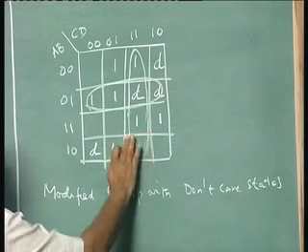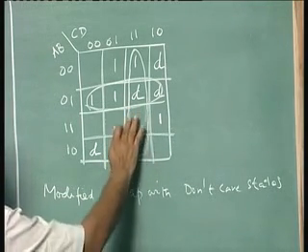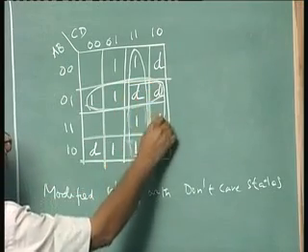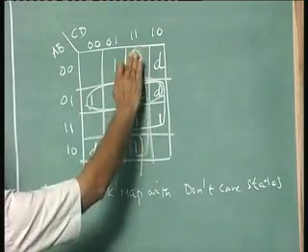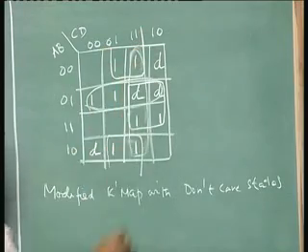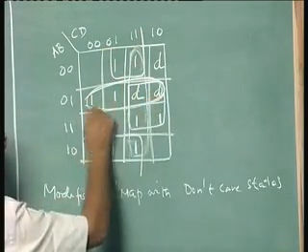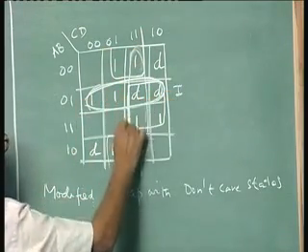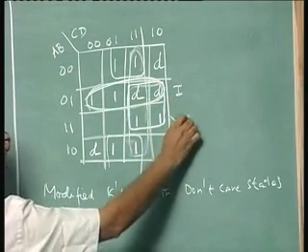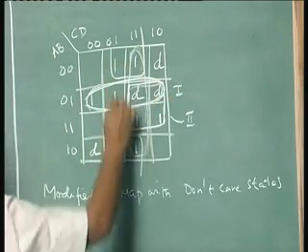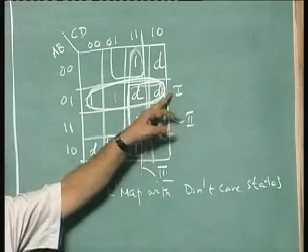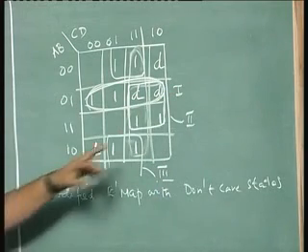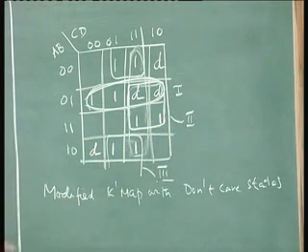Oh, I can have these 4 and these 4. So this is my 1, this is my 2, this is my 3. Prime implicant 1, essential EPI. 1, 2 and 3, essential prime implicants.